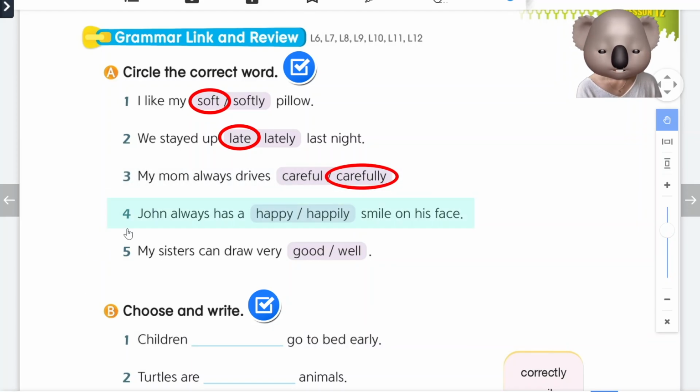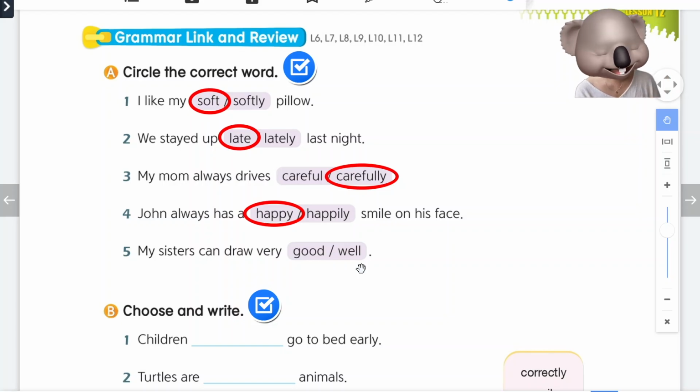Number 4, John always has a happy, 행복한, happily, 행복하게, smile on his face. Happy smile. Number 5, my sisters can draw very good or very well. You know this one.